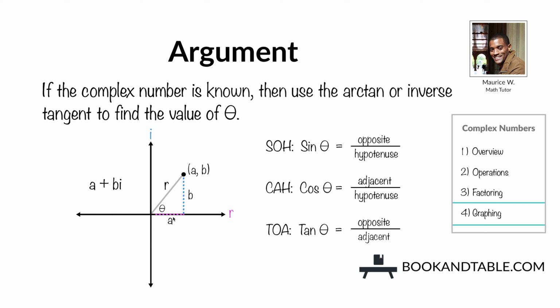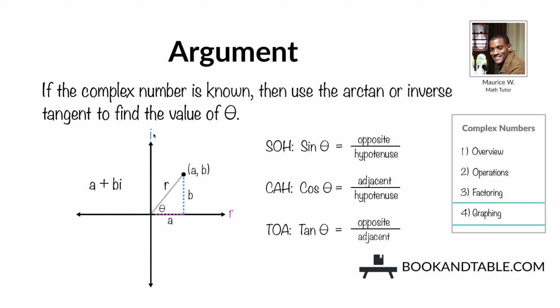So, if we have some complex number, a plus bi, this side is going to have a length of a, equivalent to our real number along our real axis. b is the length of this second side here, or the opposite side of our theta.